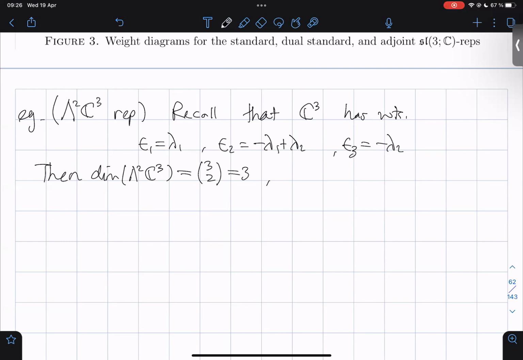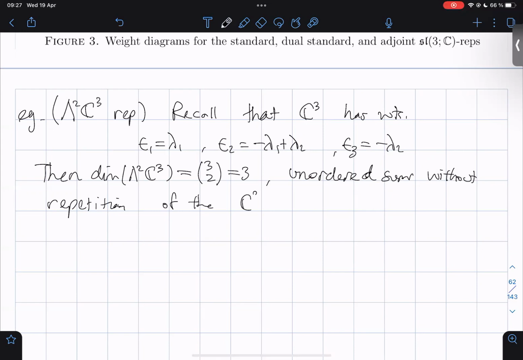Okay, unordered sums without repetition of the C3 weights.